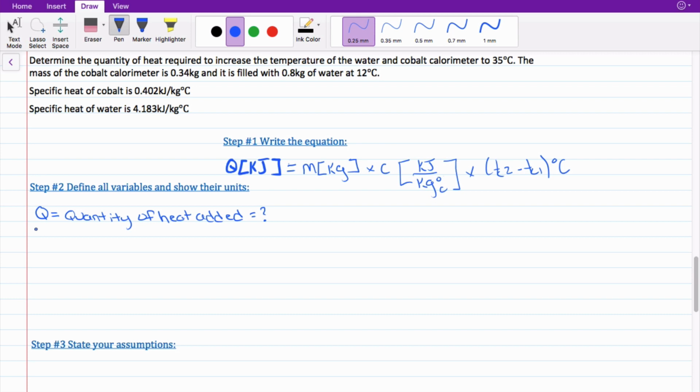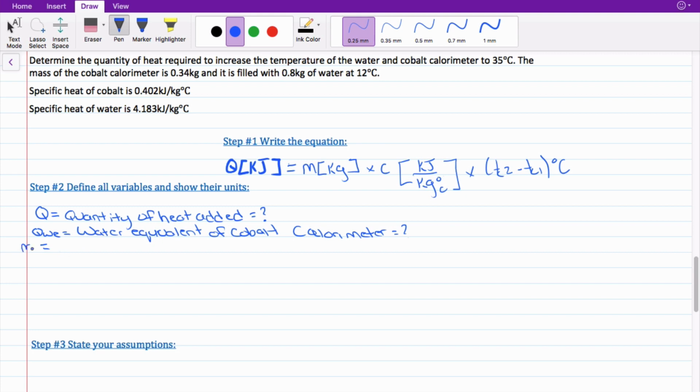So we'll just do QWE for water equivalent of cobalt calorimeter equals unknown.